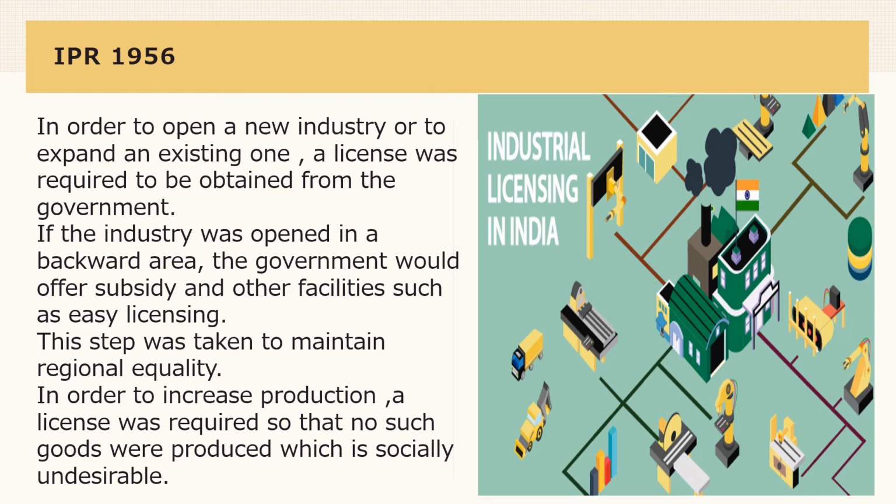If the industry was opened in a backward area, the government would offer a subsidy and other facilities such as easy licensing. This step was taken to maintain regional equality. In order to increase production, a license was required so that no such goods were produced which are socially undesirable.